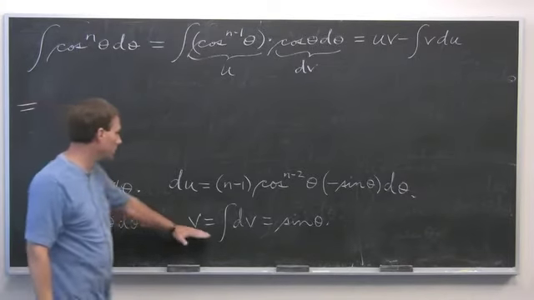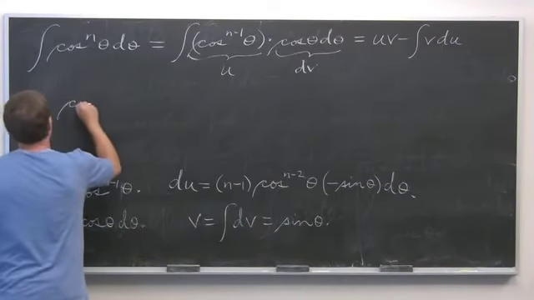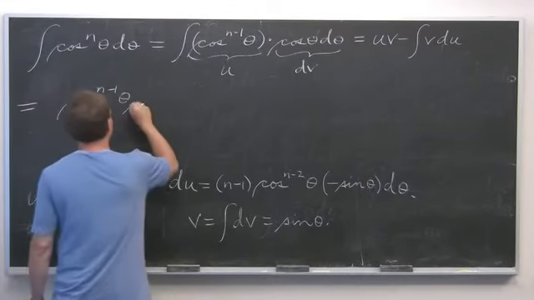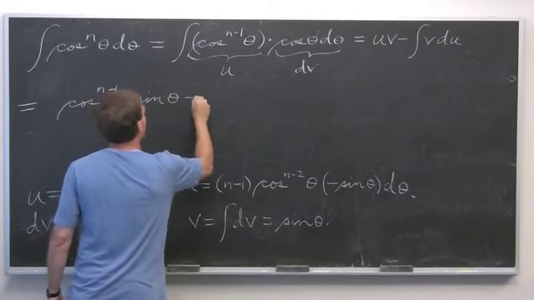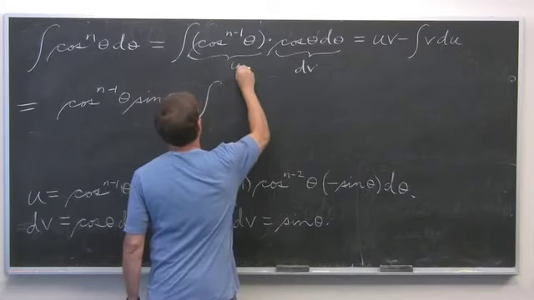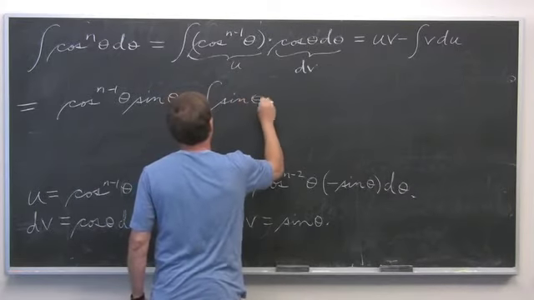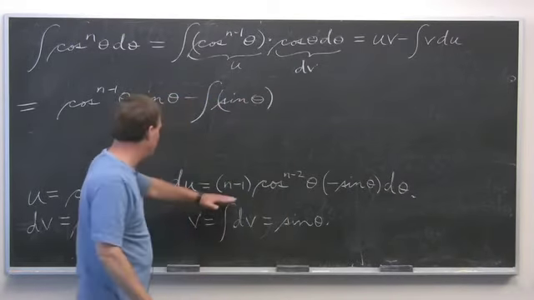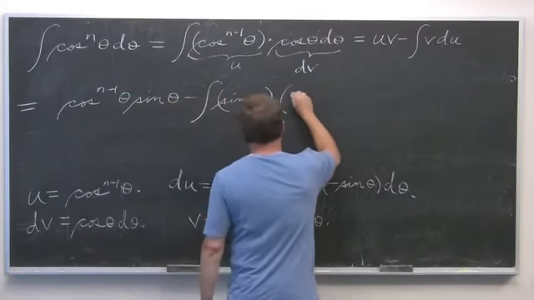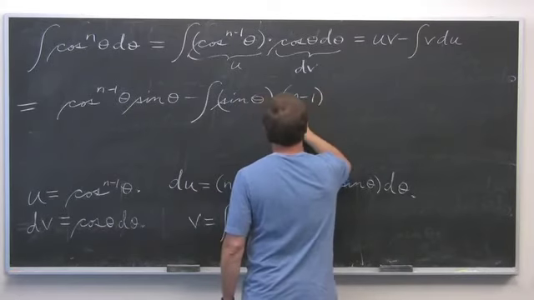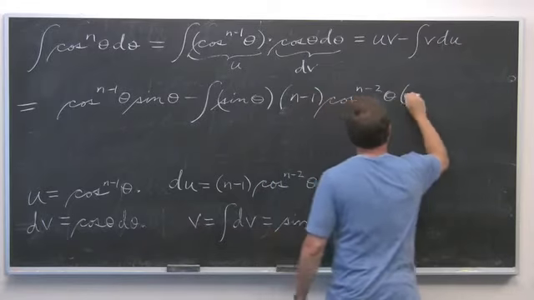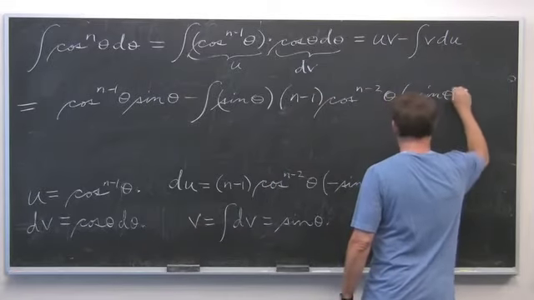Here's u, here's v. u times v is cosine n minus 1 theta times the sine of theta, minus the integral of v du. v is sine of theta, times du. du is this mess, so I'll just write all of that. So we get n minus 1 cosine raised to the n minus 2 theta, minus sine of theta d theta.